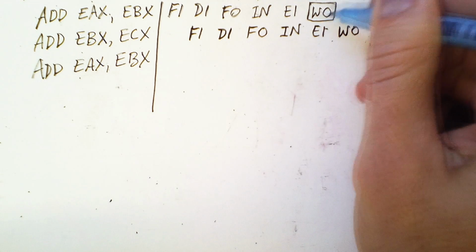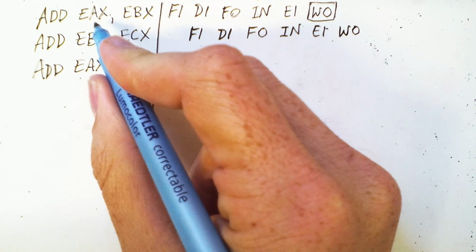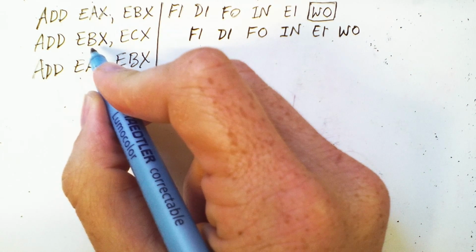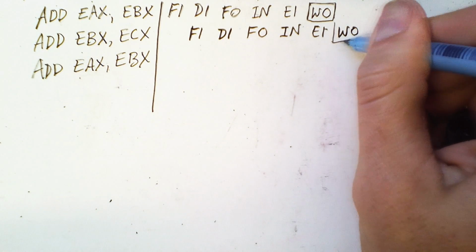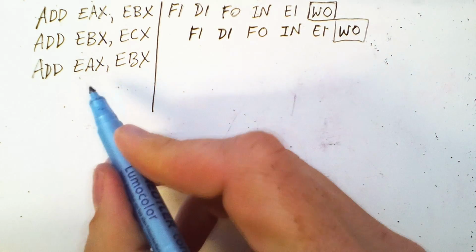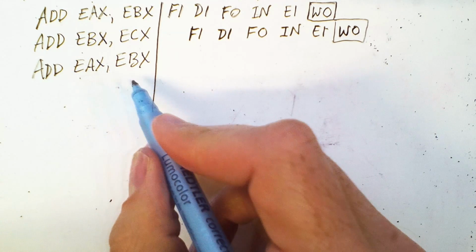So until we reach this point, the value of EAX has not been updated. Similarly, the second instruction changes the value of EBX, and that value has not been updated until this write operand stage occurs.